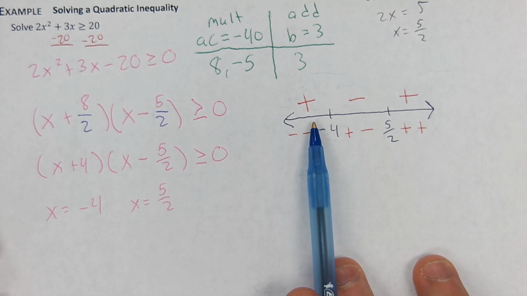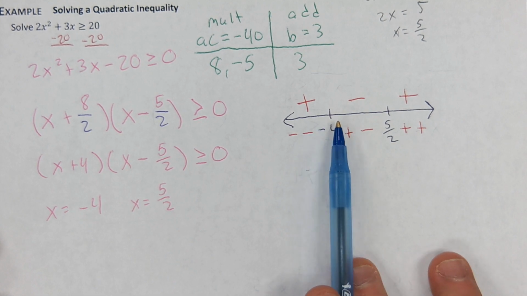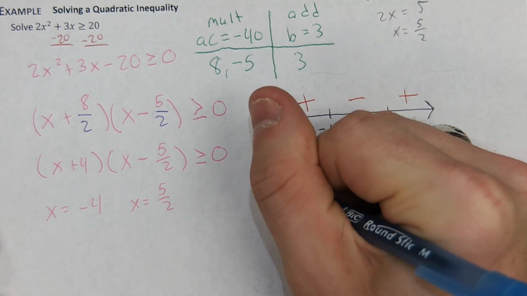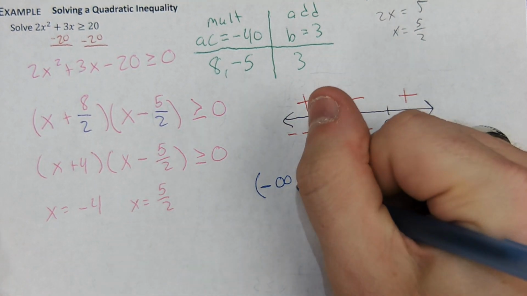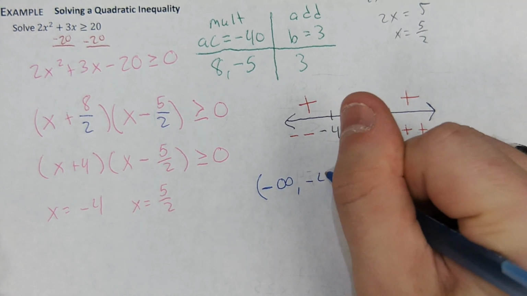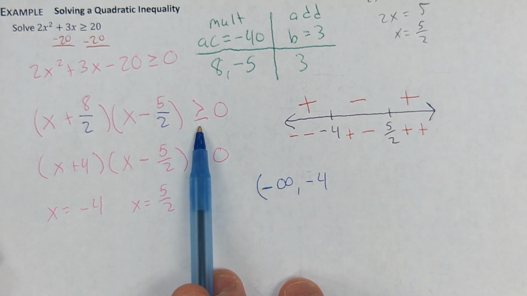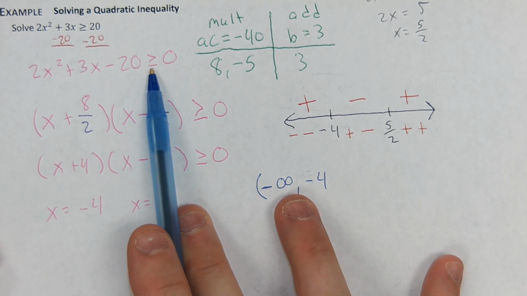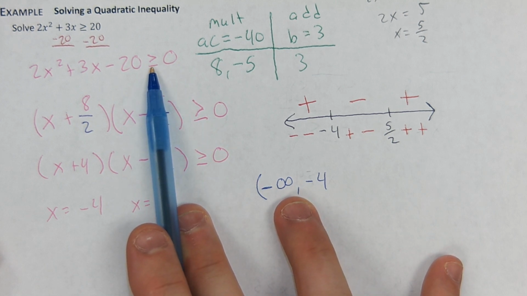Numbers never stop going to the left, ever. So everything to the left of -4 would imply negative infinity, which we know we can't bracket, and coming all the way up to -4. 0 is a solution. Is 0 greater than or equal to 0? Yes, it is.